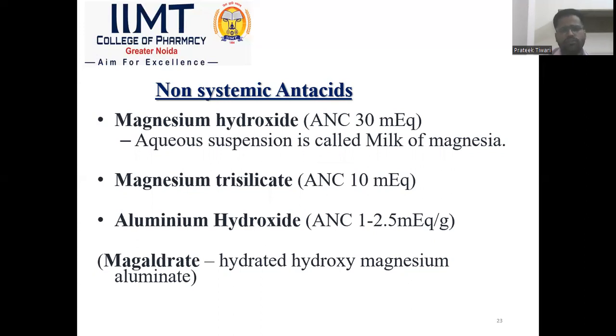We always try to give magnesium hydroxide and aluminum hydroxide in combination because magnesium hydroxide causes constipation and aluminum hydroxide causes diarrhea. So to prevent that, we give them in combination, so they cancel out the side effects and give the desired effect.